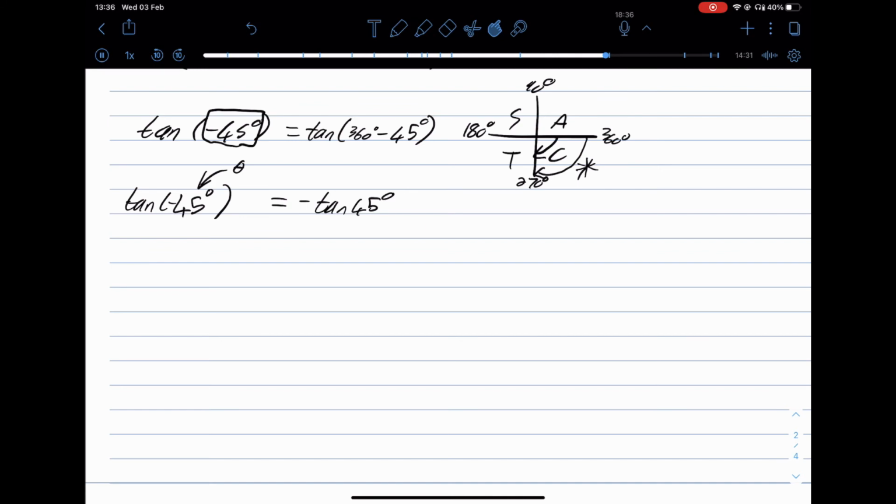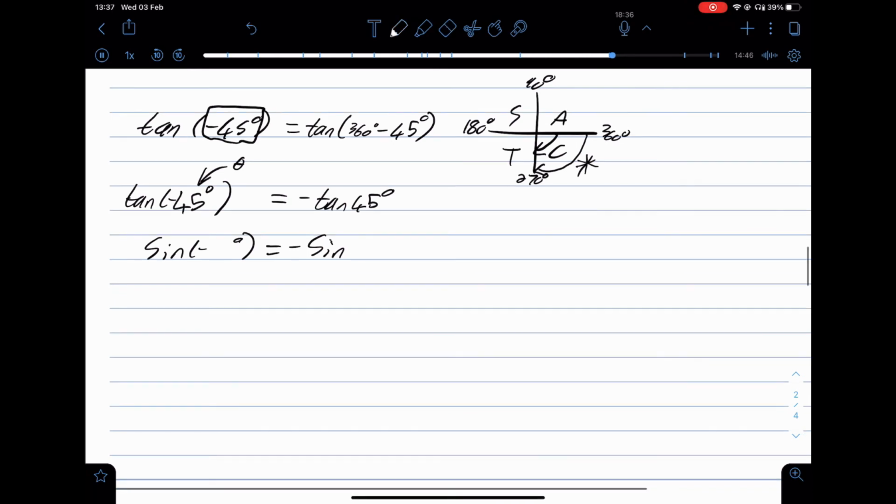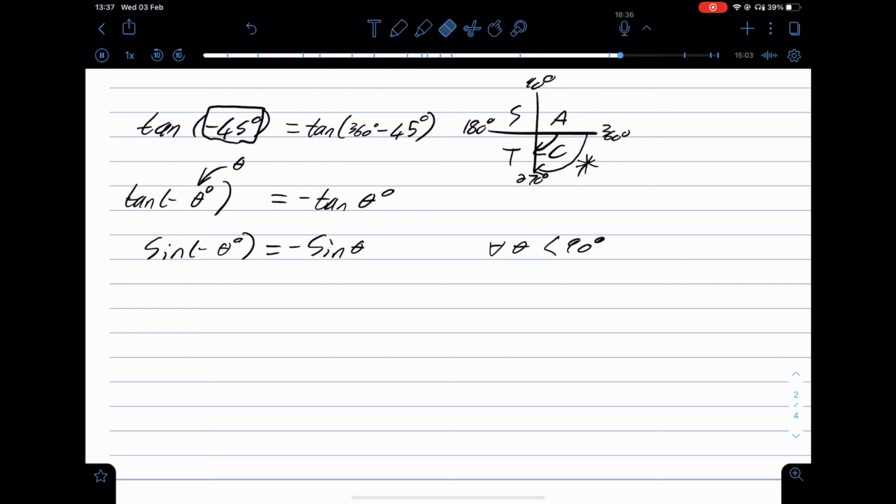And similarly, you would do the same thing for sine of negative 45 degrees. And for that matter, you can do it for really all theta that's acute. You can say that tan or sine of negative theta is equal to negative tan or negative sine of theta.